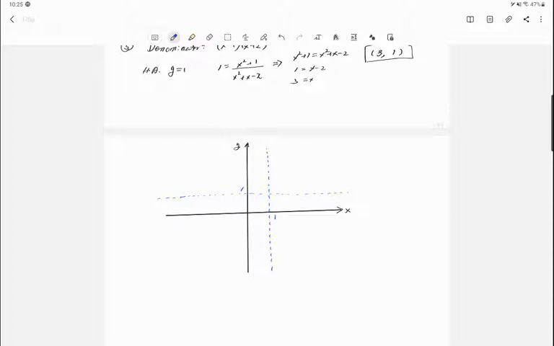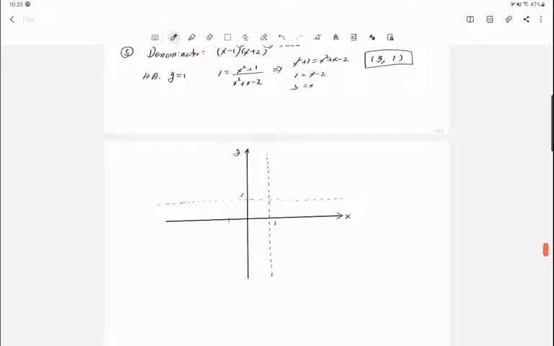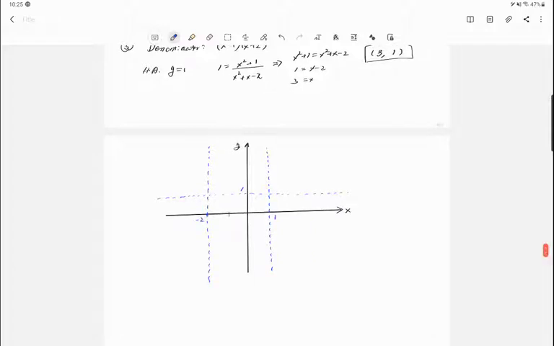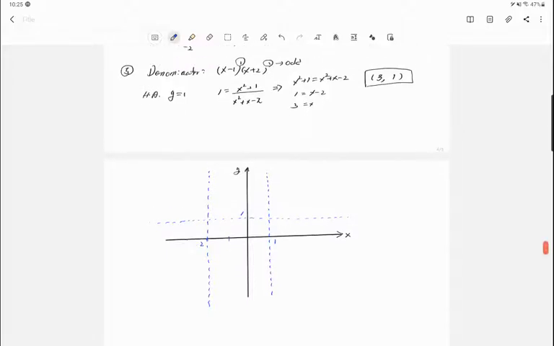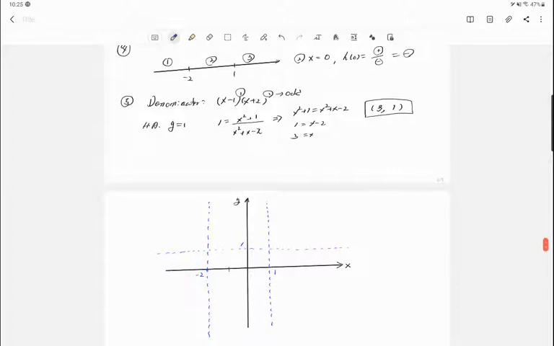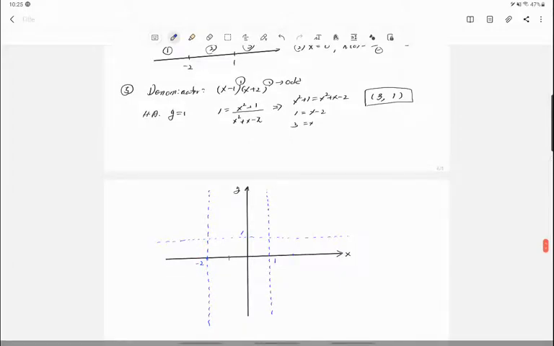We know the graph crosses the horizontal asymptote when x equals 3. And from the vertical asymptotes, the graph is one above and one below.